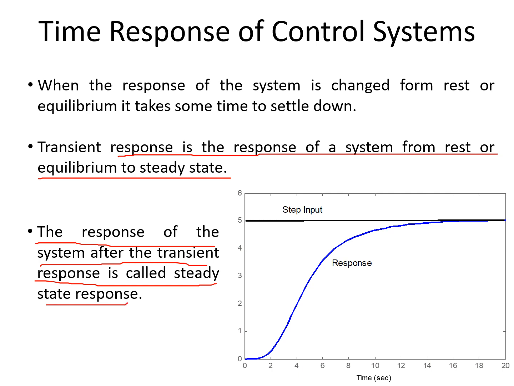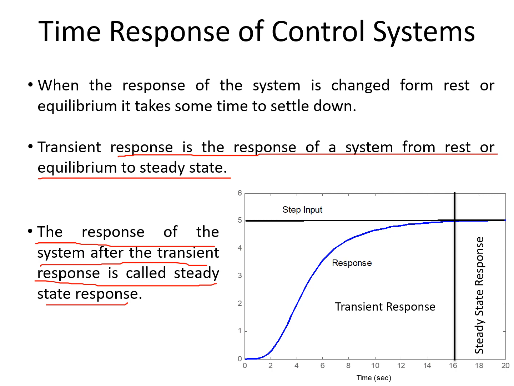So from rest or from equilibrium to steady state, whatever response I am going to get, that is nothing but your transient response. And after the transient response, whatever output response you are going to get is taken as your steady state response. That is, after reaching your steady state, the type of response I am going to get is called your steady state response.